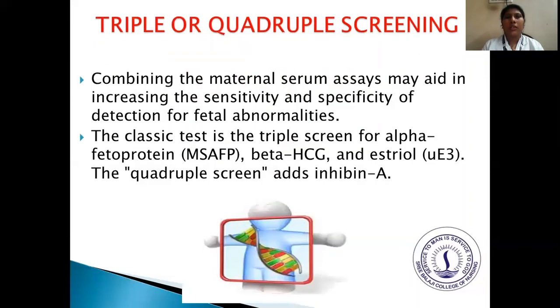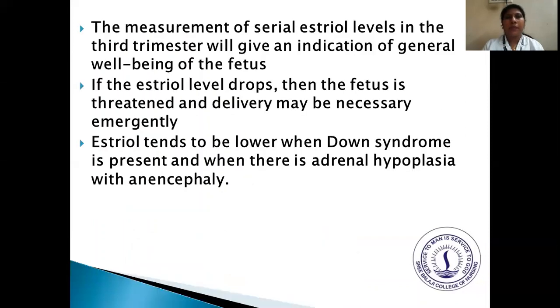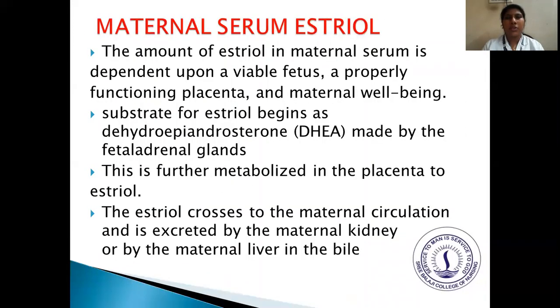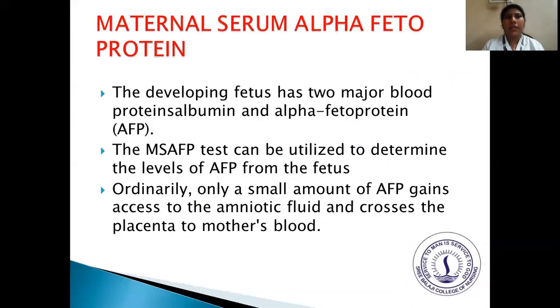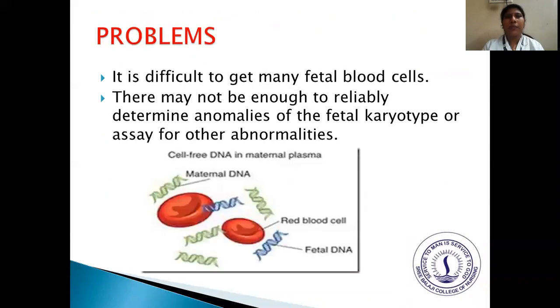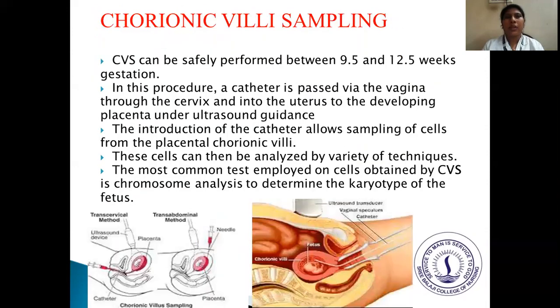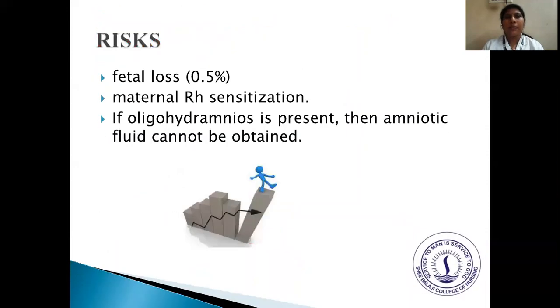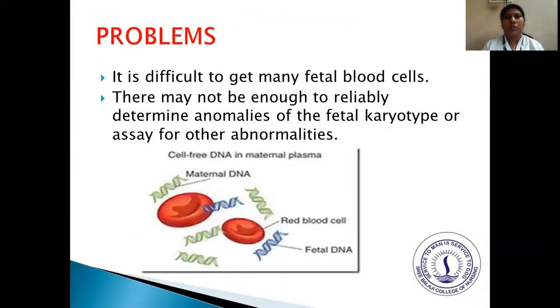So, these all are the tests we are doing for the patient with genetic testing. What are the tests? Triple or quadruple screening, pregnancy associated plasma protein A, inhibin A, maternal serum estriol, maternal serum beta HCG, maternal serum alpha fetoprotein, then maternal blood sampling for fetal cells, chorionic villus sampling, amniocentesis, and the last one is ultrasonography.